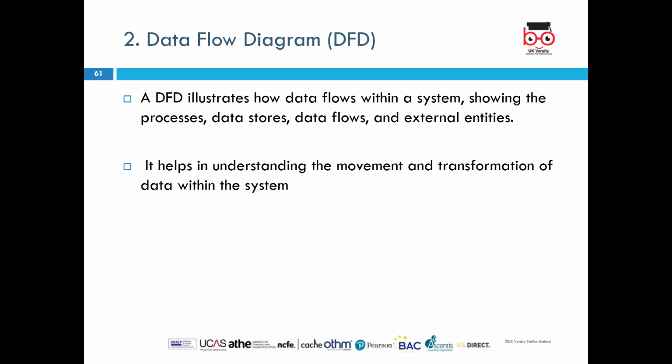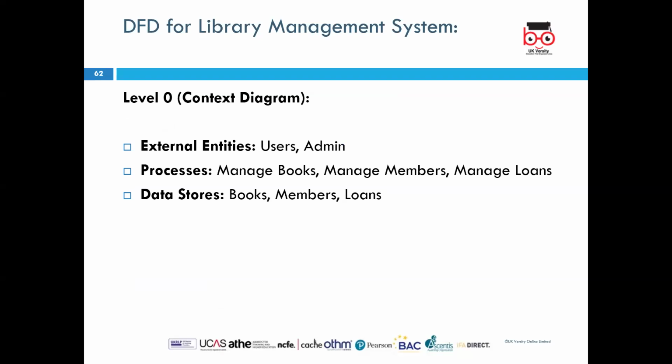Data flow diagrams. These are going to allow us to illustrate how data flows within a system, and it's going to be showing process, data store, data flow, and external entities. Data flow diagram for our library management system is going to include a level 0, which we have our context diagram, and this is going to include our external entities such as users, admin.